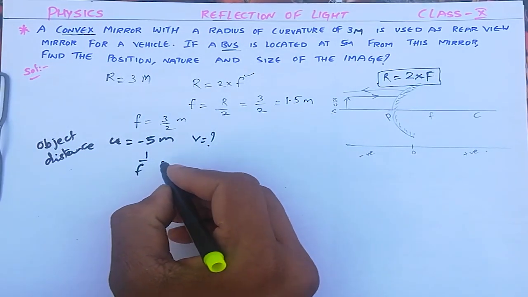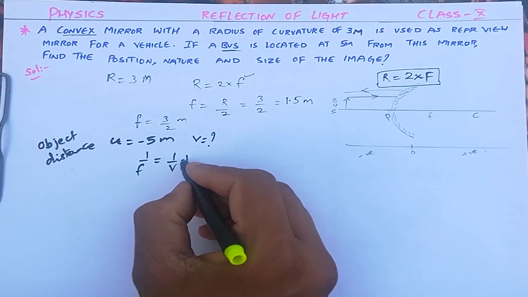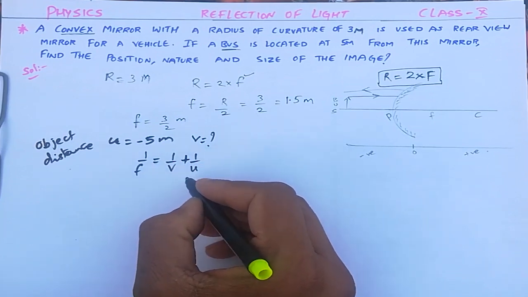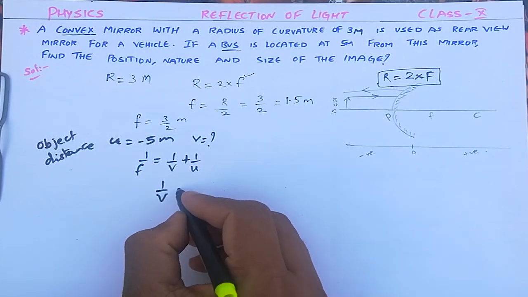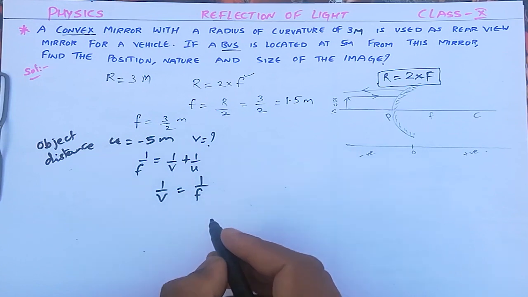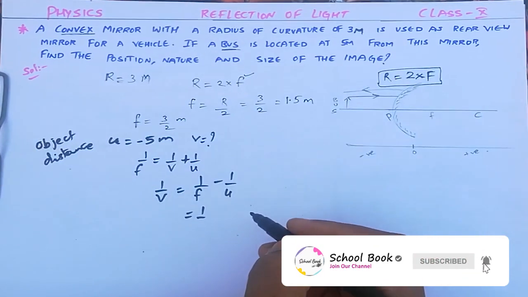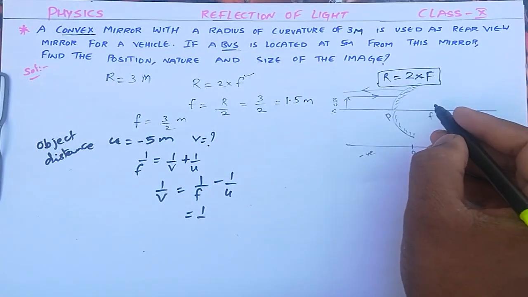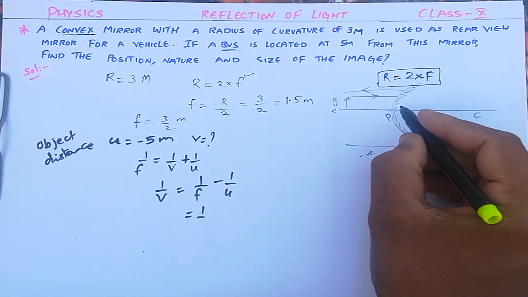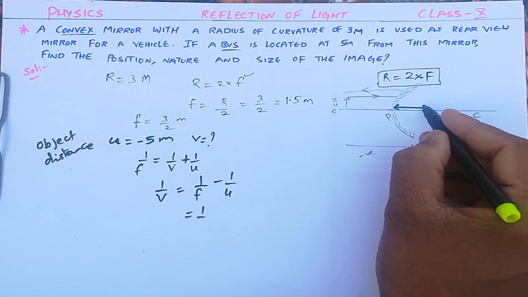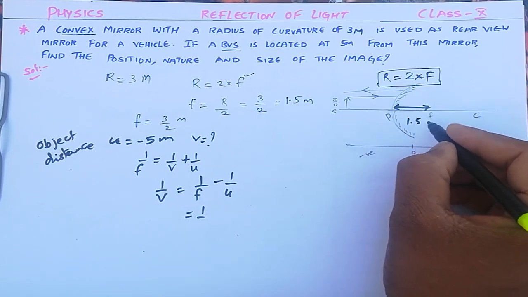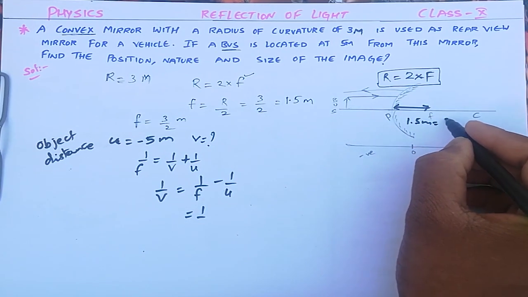Mirror formula: 1 by F equal to 1 by V plus 1 by U. We need 1 by V, so I am taking 1 by U to the LHS: 1 by F minus 1 by U. Now the F value will be positive. Why? Because this is measured from the pole. This value is 1.5 we got, that is nothing but 3 by 2.